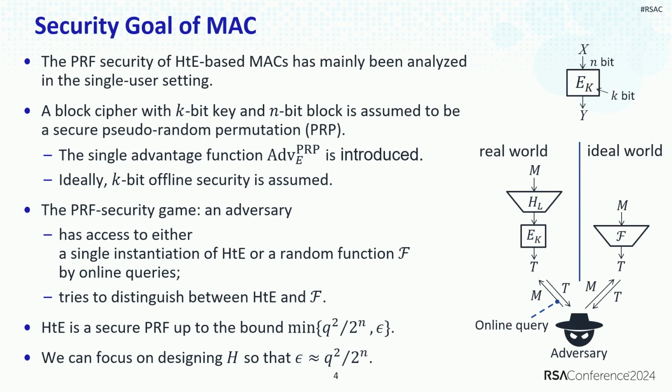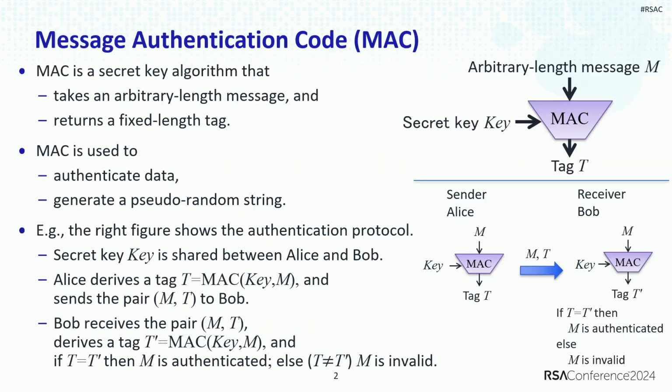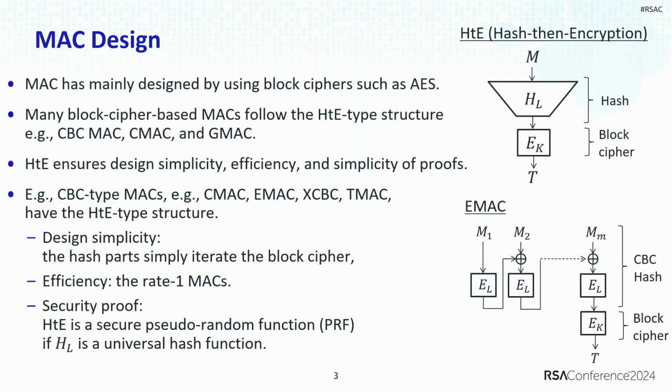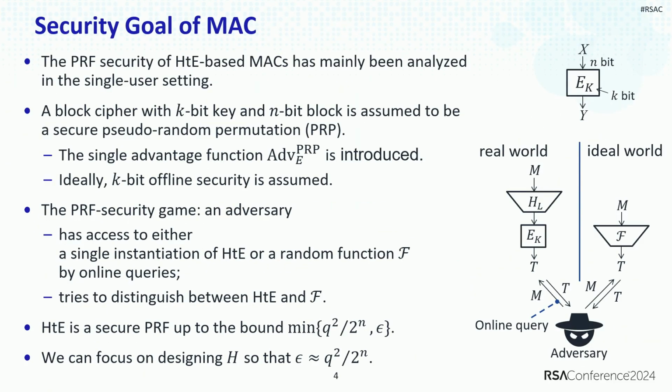I can't catch your question. Well, these are proposals, right? Yes, I propose two security notions, and they are new in the ideal cipher model. And I apply the new notions to the existing schemes. Okay, perfect. Thank you.